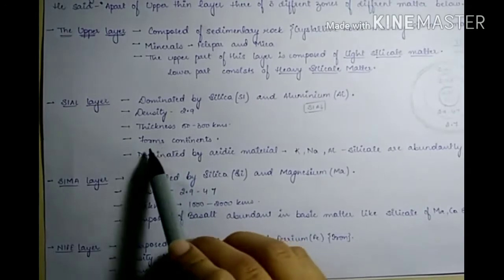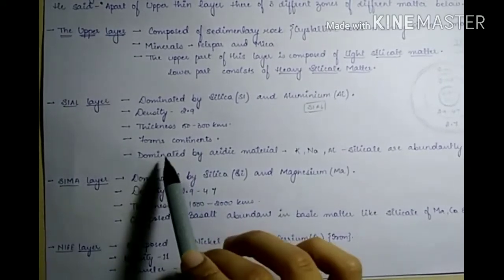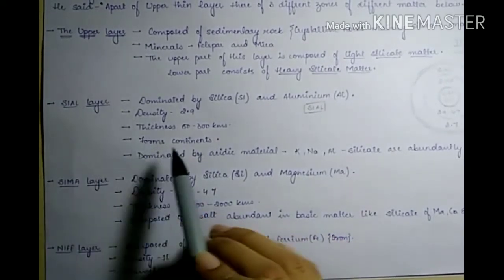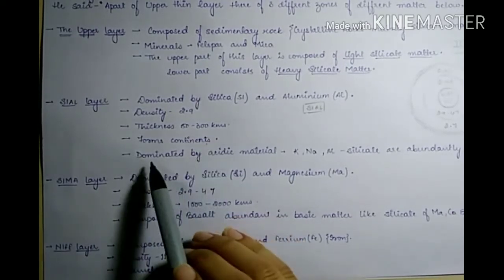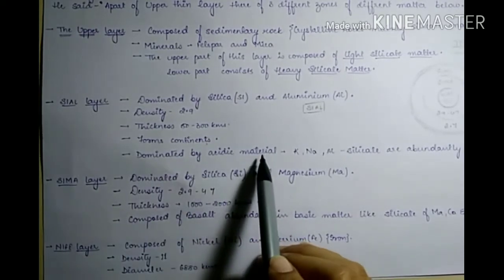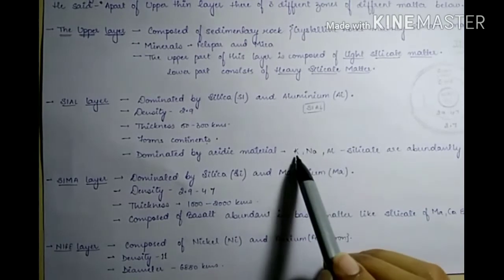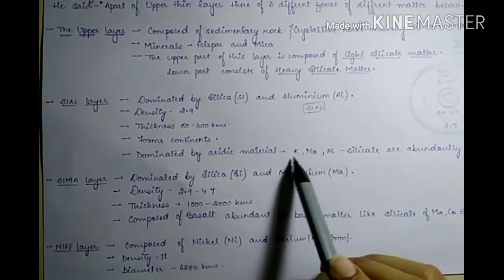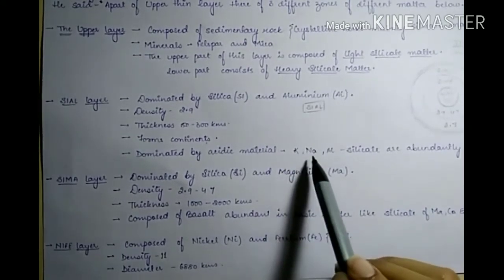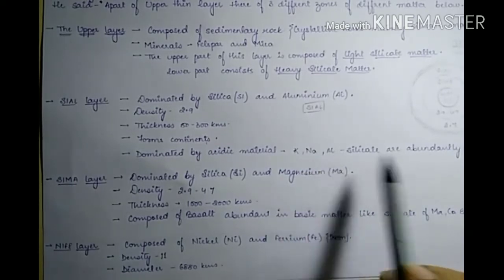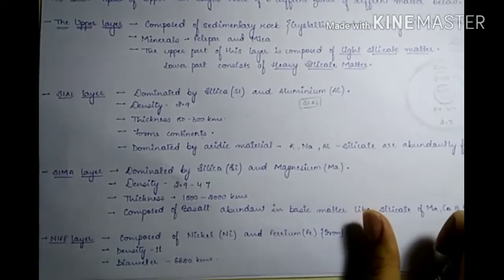It forms continents. So the Sial layer forms continents, and it is dominated by acidic materials like potassium, sodium, aluminium. Okay, potassium silicate, sodium silicate, and aluminium silicate are abundantly found here.